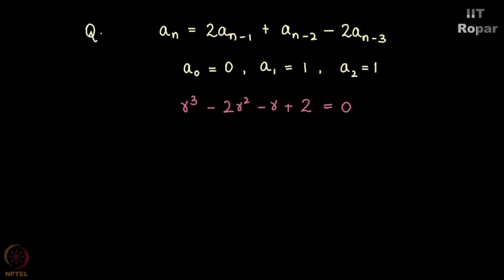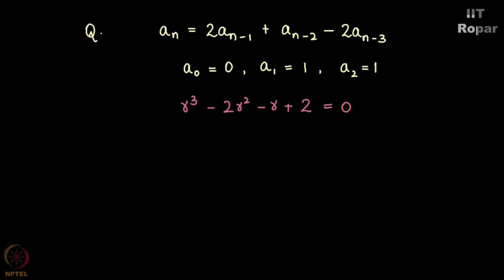Well, do you observe that this has come from the given recurrence relation? r cube minus 2r square, because this was c1 there, right? 2 into a_{n-1}, so c1 is 2 here. a_{n-2} has the coefficient as plus 1, therefore it is minus r, and it is minus 2 into a_{n-3}, and hence it's a plus 2, right? So this is the corresponding characteristic equation.